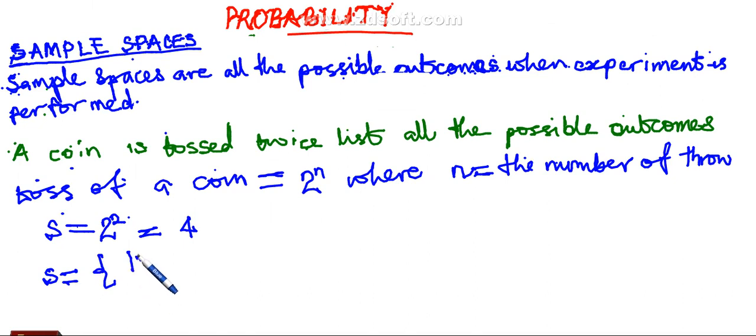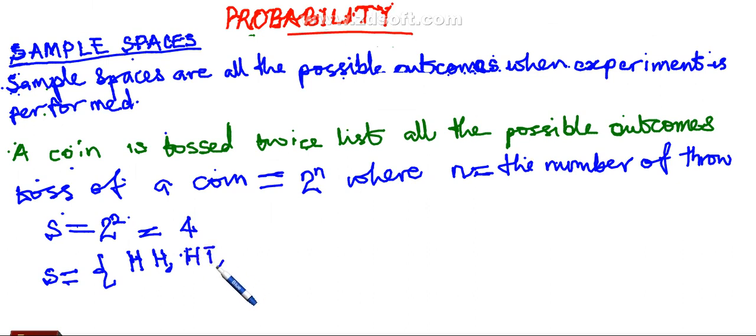If the first throw landed on head, the second throw too can land on head. This is the first outcome. The first throw can land on head, the second throw can land on tail.